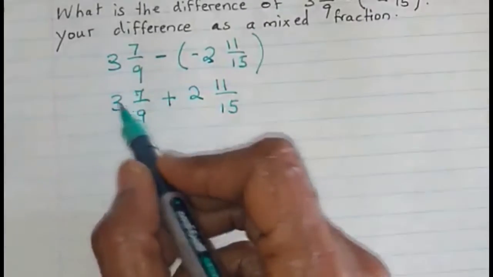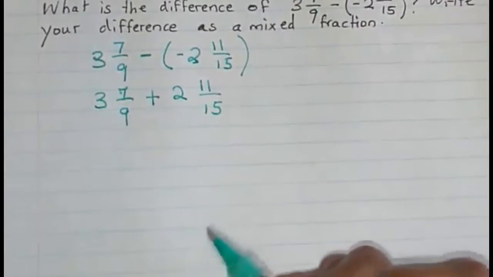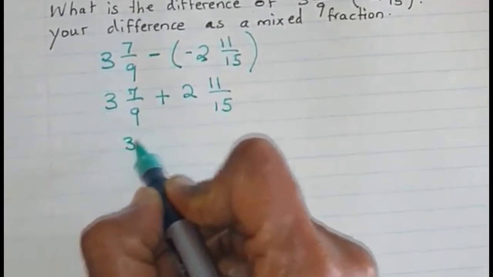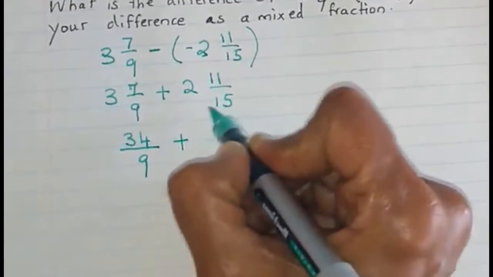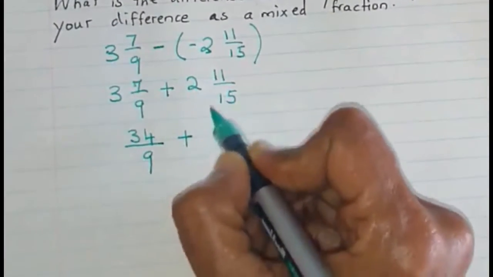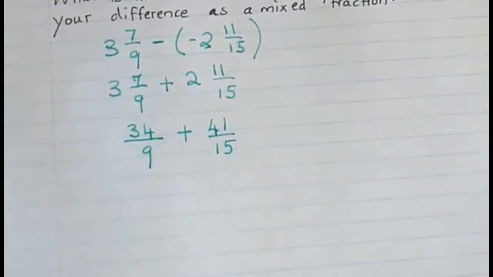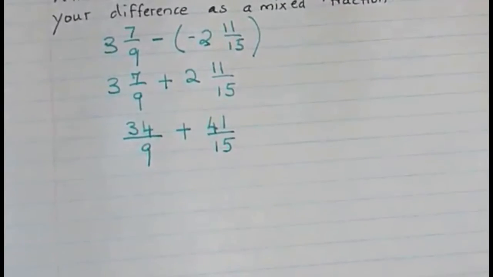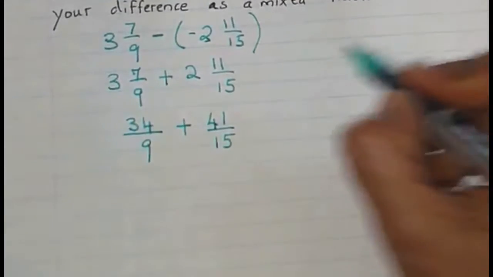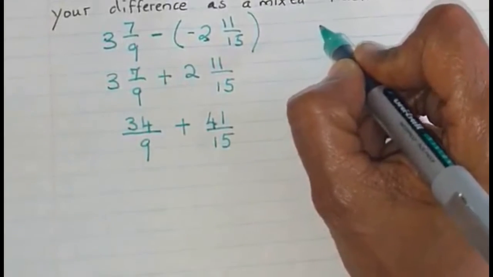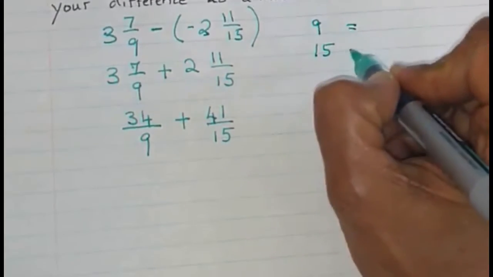And that's 9 times 3 is 27. 27 plus 7 is 34 over 9. And I have 15 times 2, 30. 30 plus 11 is 41 over 15. Now I have 9 and 15. So these are the two numbers that I have in the denominator. So I need to find the least common multiple or the least common denominator for 9 and 15.